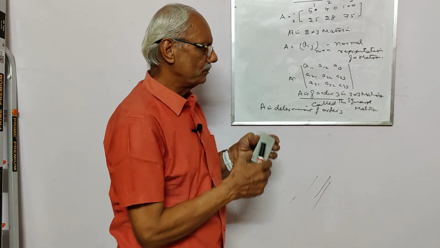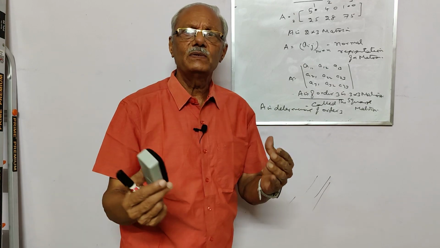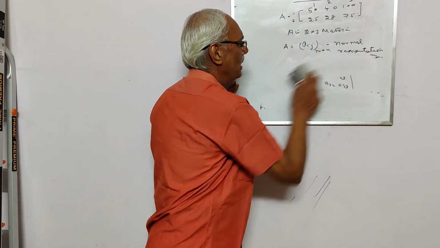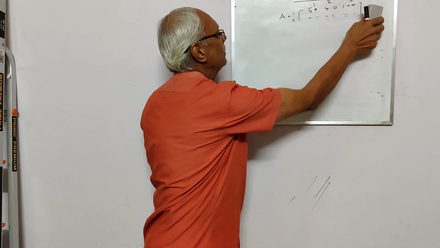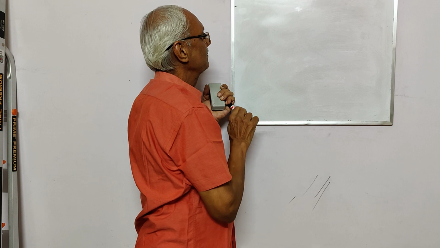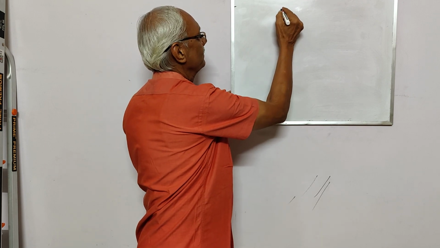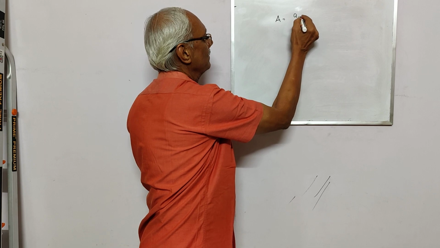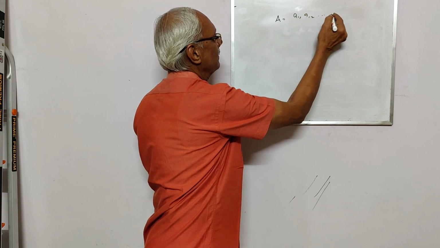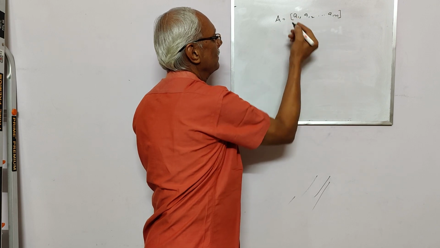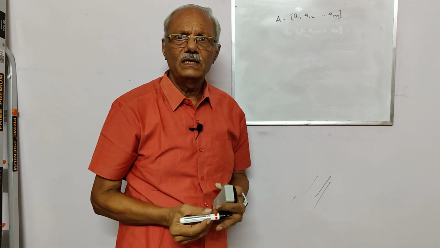Okay. Now, let me give some types of matrices. Some types of matrices. Now, one or two I will give you. Now, what is it that you find here?